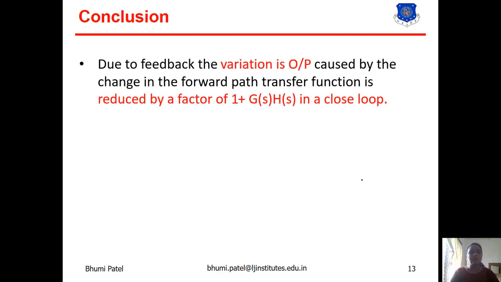Now the conclusion of the topic: due to the feedback, the variation in output caused by the change in the forward path transfer function is reduced by the factor 1 plus G of S, H of S in the closed loop system, because the equation of sensitivity S is equal to 1 upon 1 plus GH.